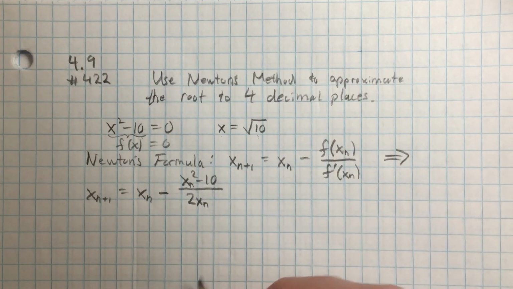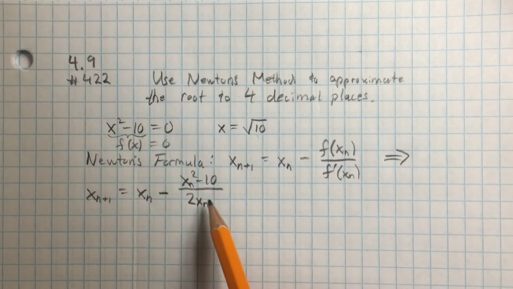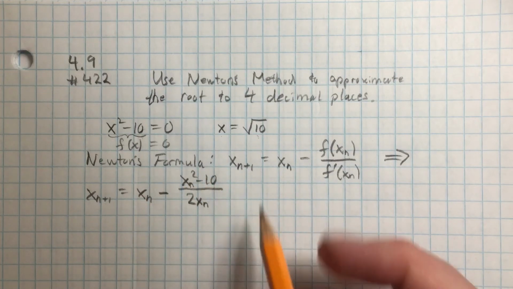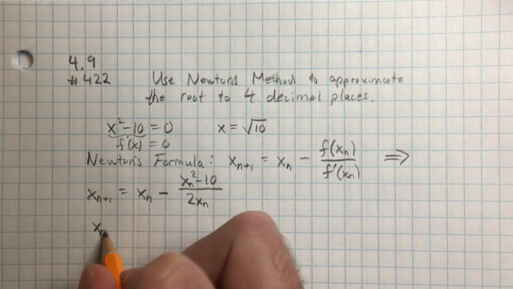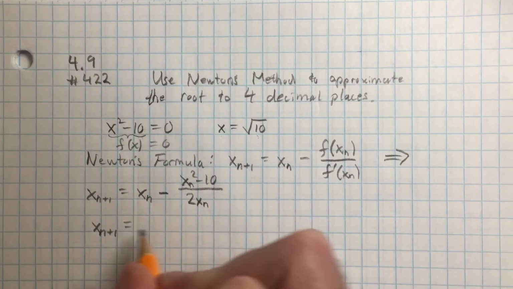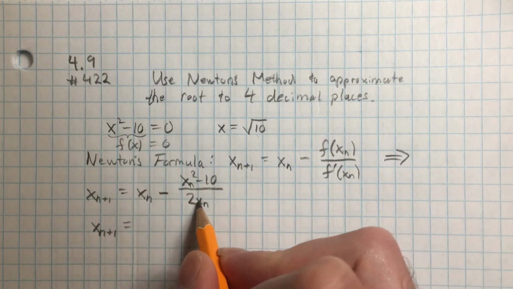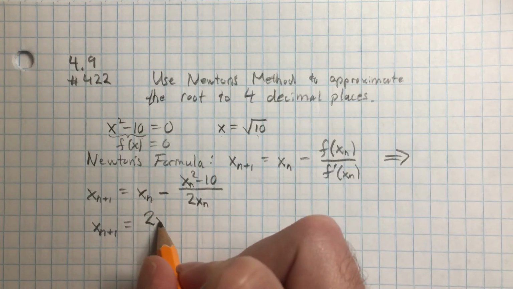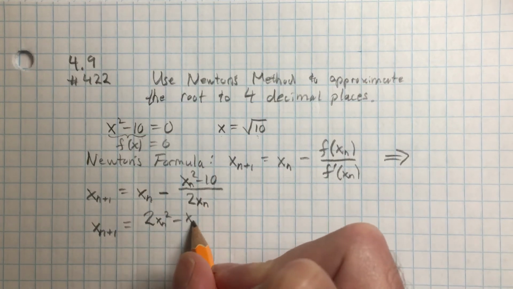Now I'm going to rewrite this just a little bit, because in this problem, getting one rational expression here will make it look a little bit nicer. Okay, so I'm going to write the next x approximate as one ratio. So I'll have 2x_n times x_n will be 2x_n squared minus this x_n squared.